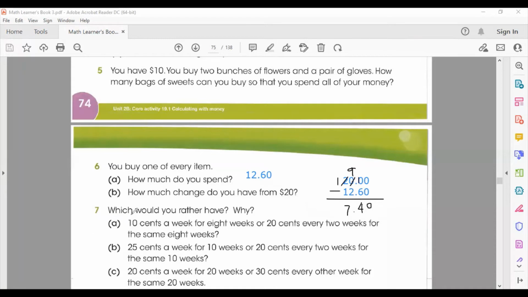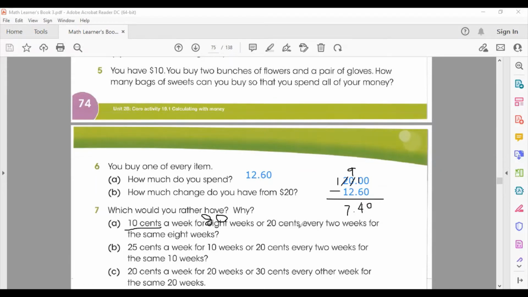Which would you rather have and why? 10 cents a week for 8 weeks, or 20 cents every 2 weeks for the same 8 weeks? 10 cents a week for 8 weeks comes to 80 cents.